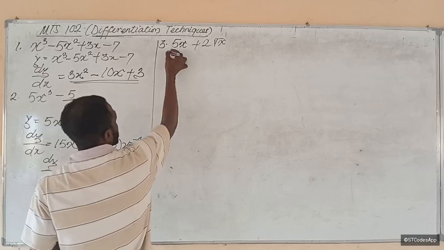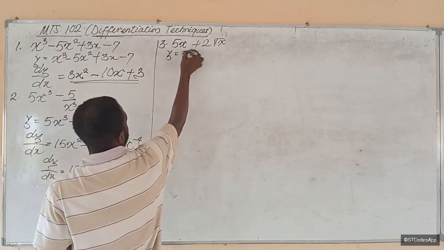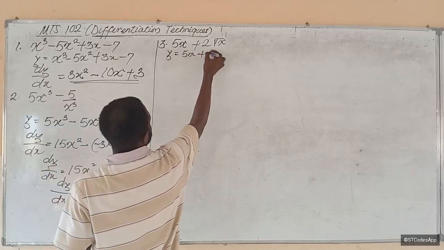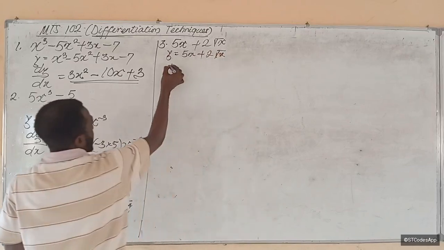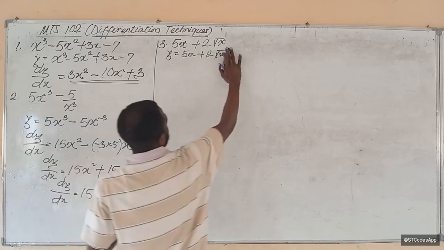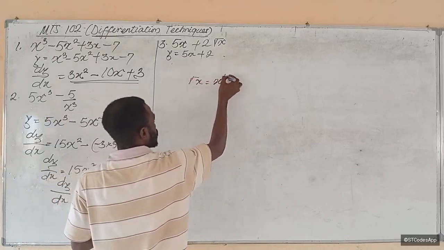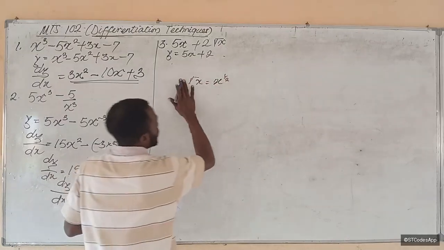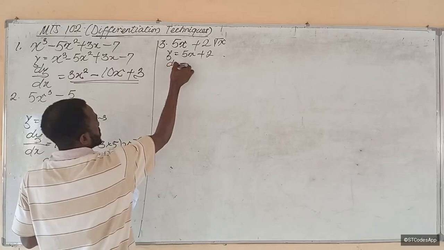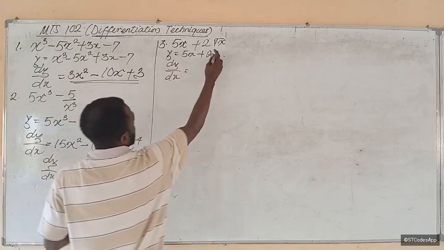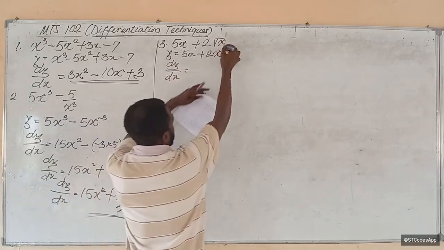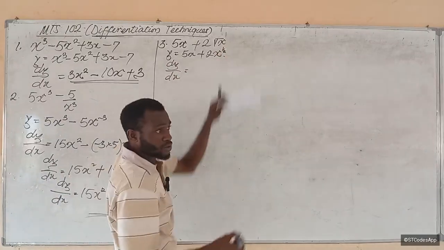So I have my y function equal to 5x plus 2 root x. By the time I differentiate, I can rewrite root x as x raised to the power 1 over 2, okay? So dy dx will now be equal to, I'll write this as 1 over 2, x raised to the power 1 over 2.